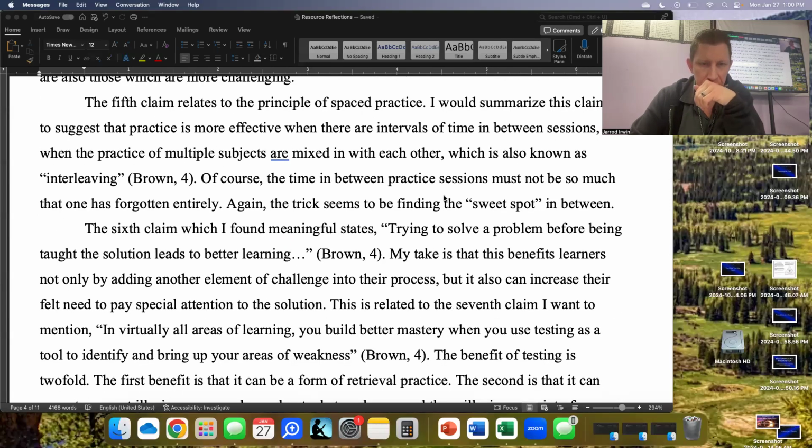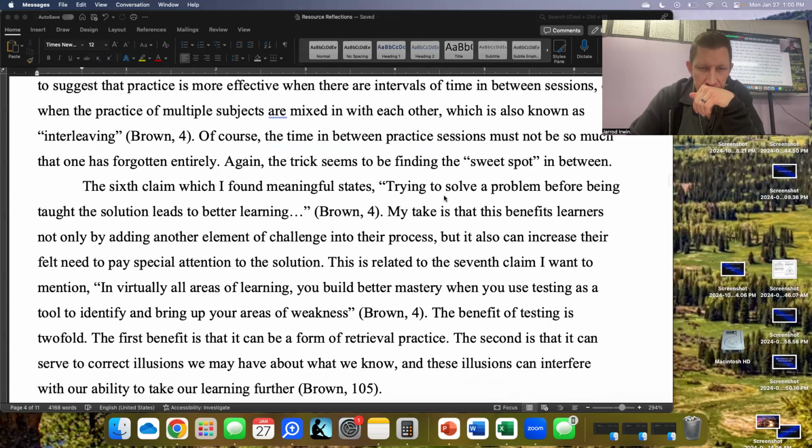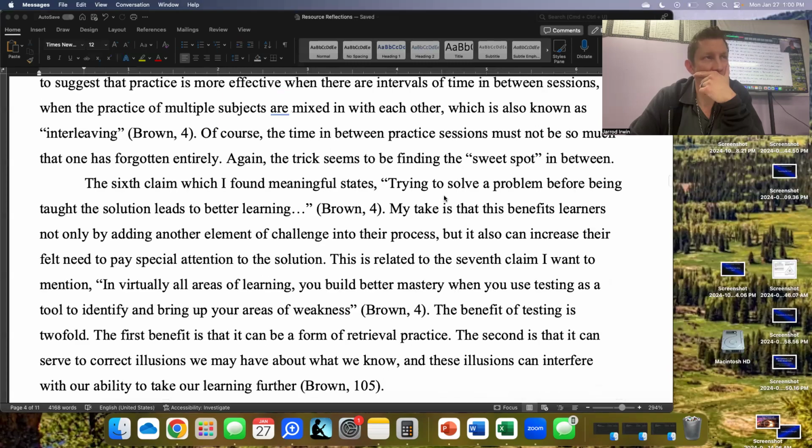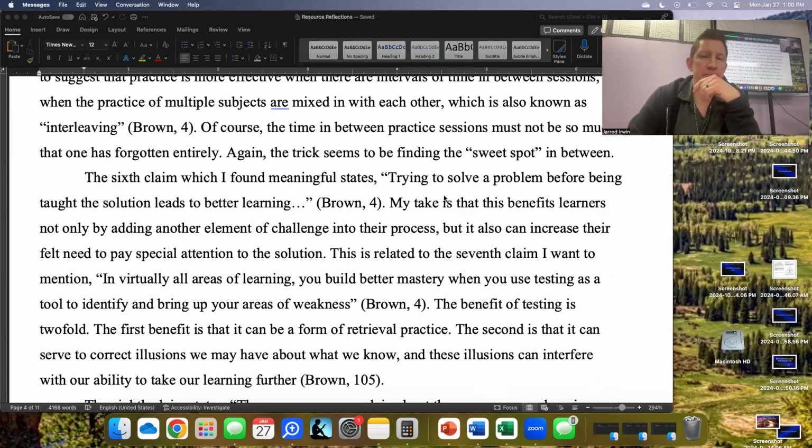That's what I was thinking, because we were talking about doing multiple topics. Multiple subjects are mixed with each other, so I was picturing two books: you flip over a page of this book, then a page of that book, and then a page of this book. Sounds good.